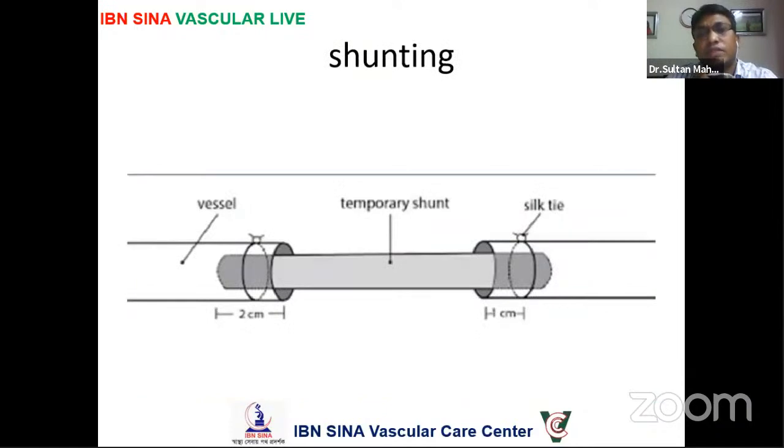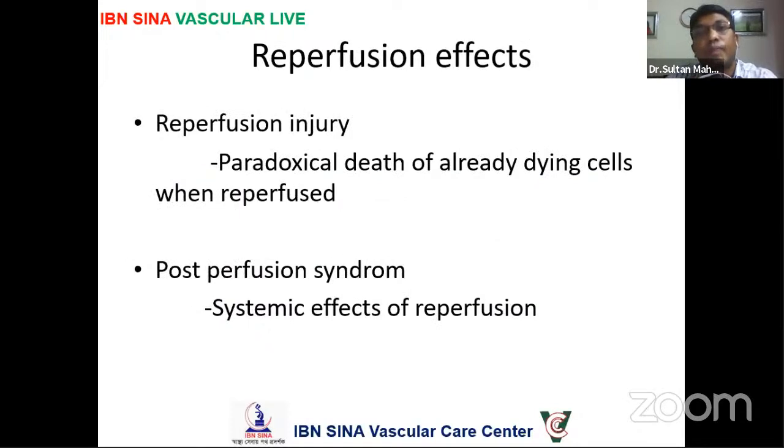We usually don't give the shunting process in our country. Always refer the patients, and after fixation, then we take the chance of repair.